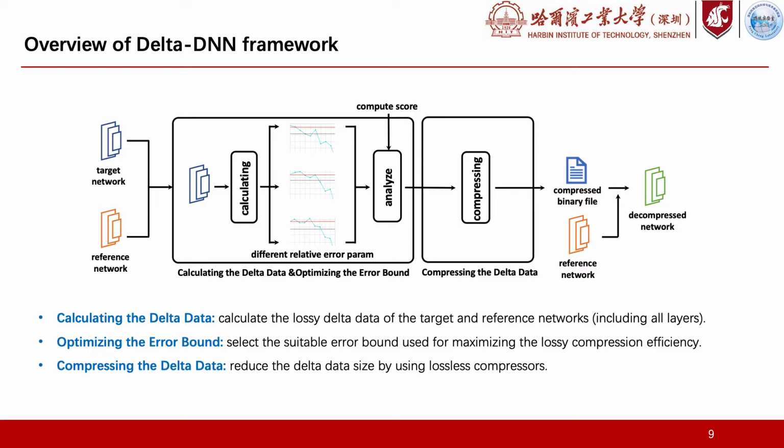First, calculating the delta data is to calculate the lossy delta data of the target network and the reference network. Second, optimizing the error bound is to select the suitable error bound used for maximizing the lossy compression efficiency. Third, compressing the delta data is to reduce the delta data size by using lossless compressors.